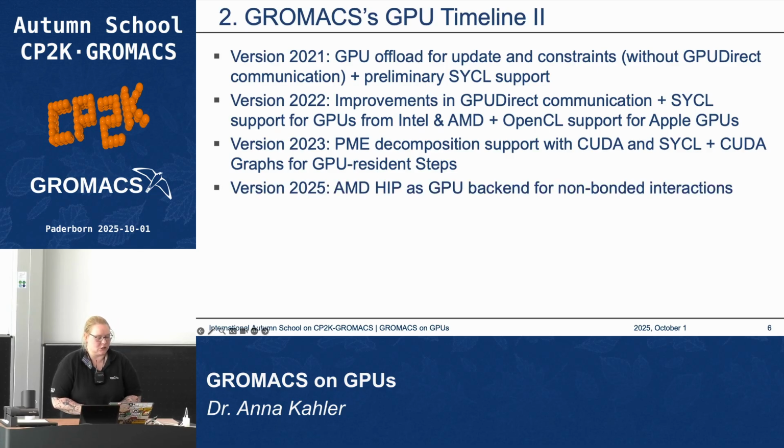And the newest version is 2025, and they have now changed to AMD HIP for a CUDA backend for non-bonded interactions. So it's HIP, I don't know if you're familiar with that, but HIP is something similar to CUDA, but for AMD.